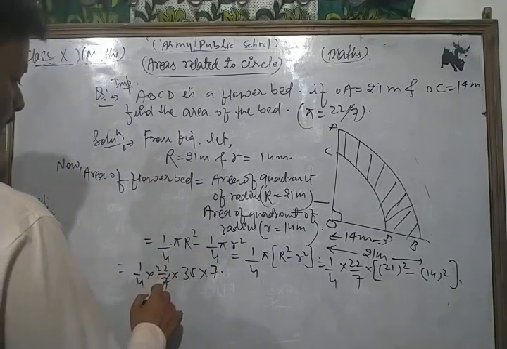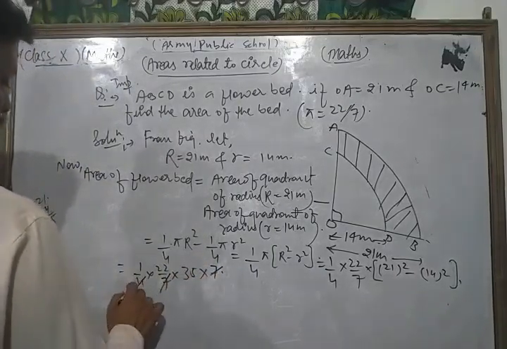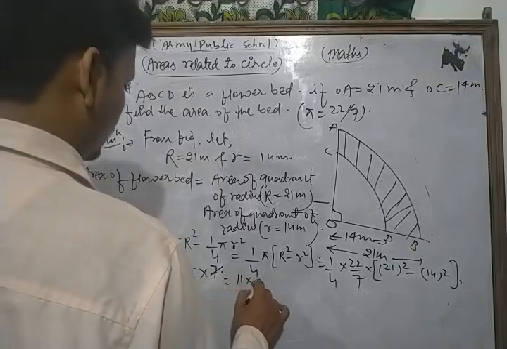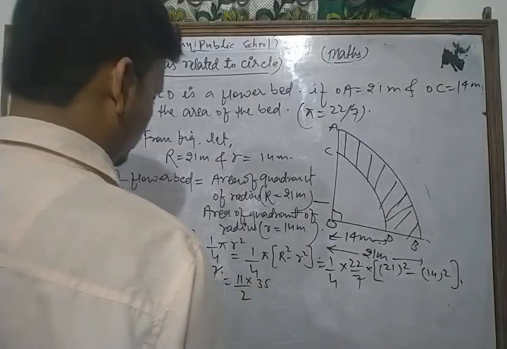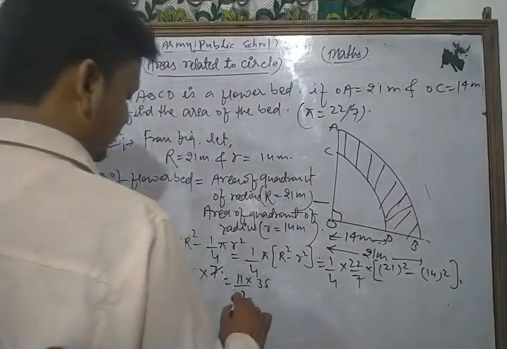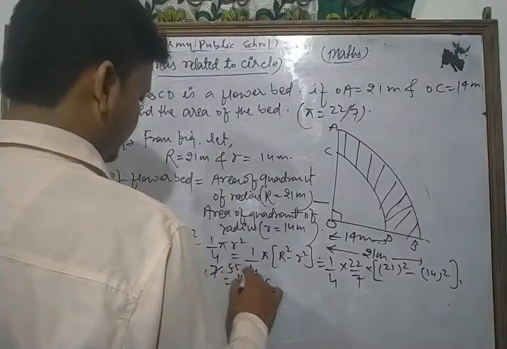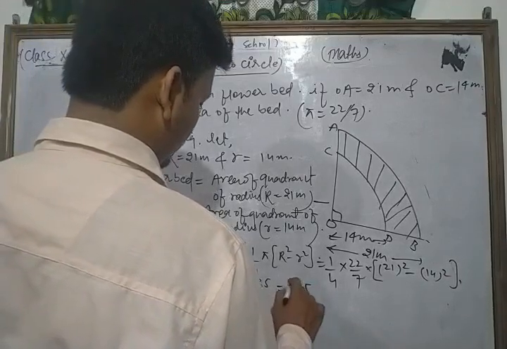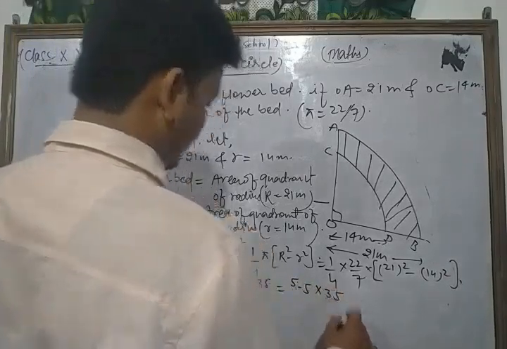Now 7 cancels with 7, 2 2s are 4, 2 11s are 22, so 11 into 35 upon 2. We get 5.5 into 35.